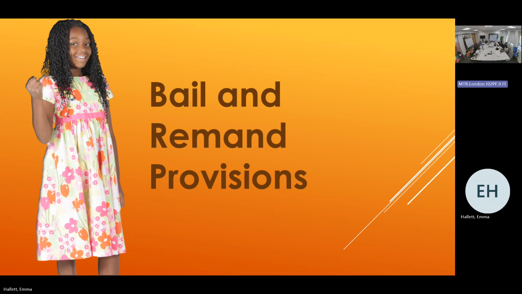In terms of starting points, the starting point for a youth is exactly the same as an adult. There's a presumption of unconditional bail, and the Bail Act applies in exactly the same way as it does to adults. Again, the court's got to be satisfied that one or more of the exceptions to bail applies.